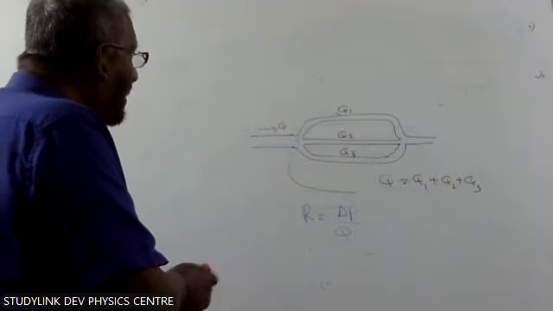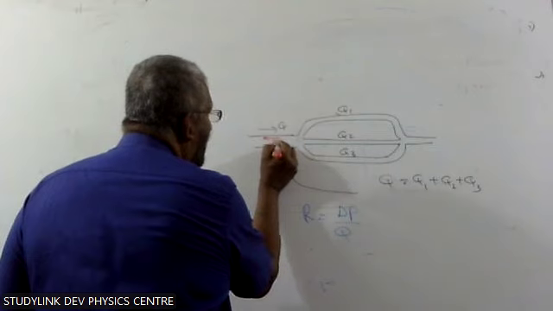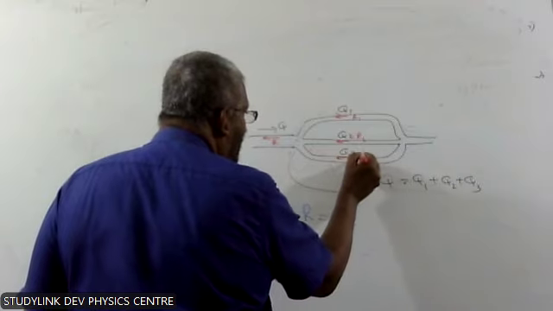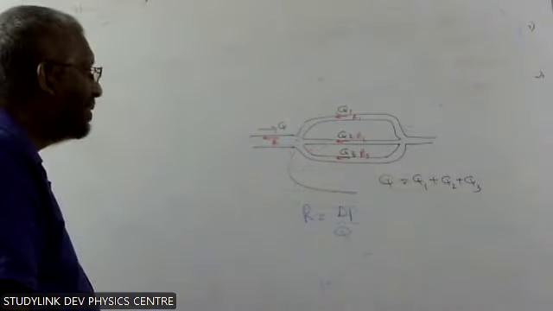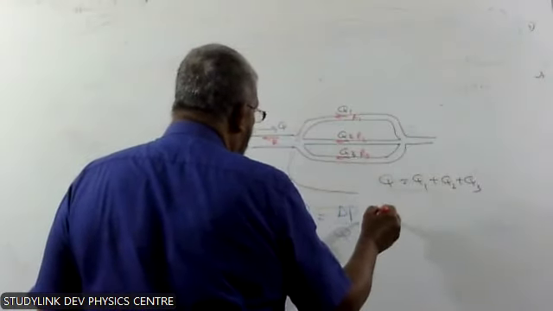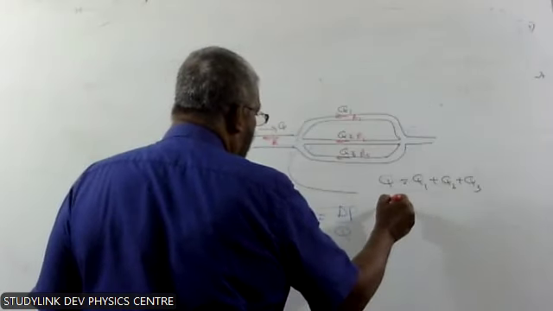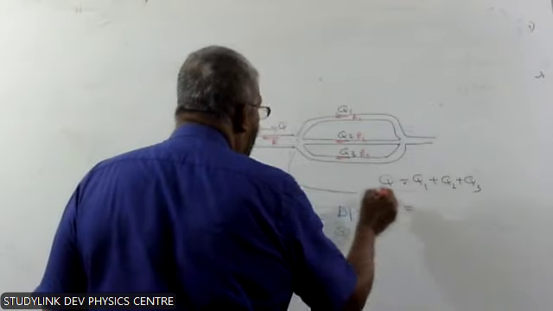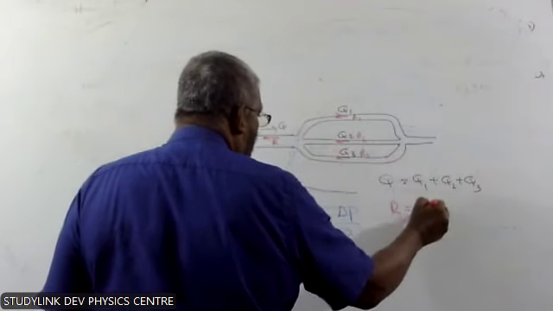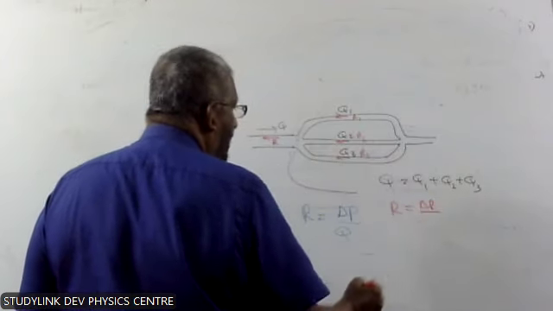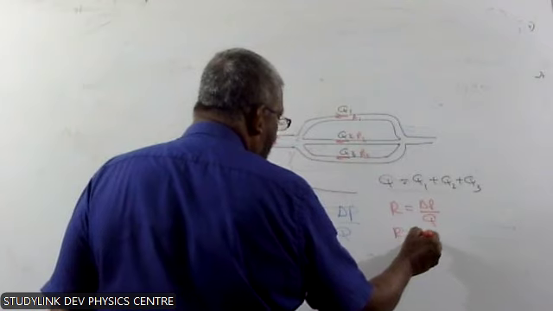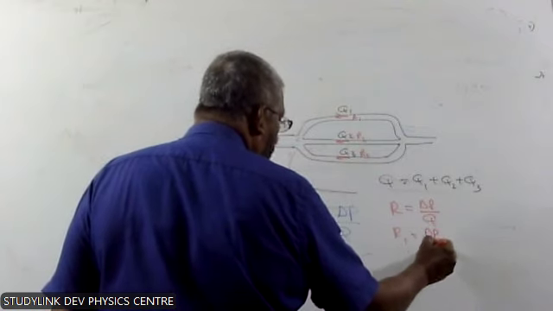We'll consider the resistance here is R. Here the resistance is R1. Here the resistance is R2. Here the resistance is R3. Then we can write R is equal to delta P, the pressure difference here, divided by Q. R1 is equal to delta P divided by Q1.